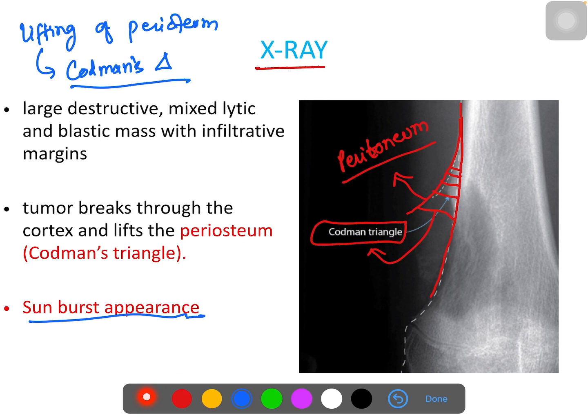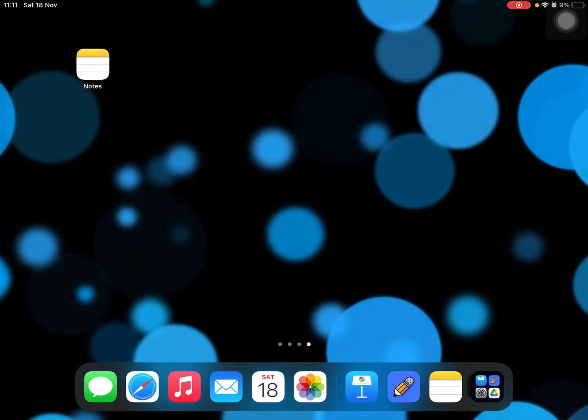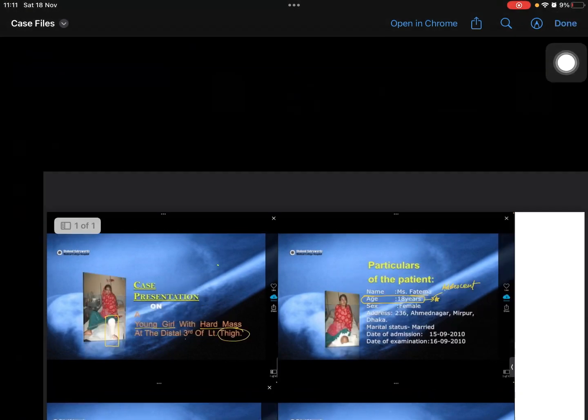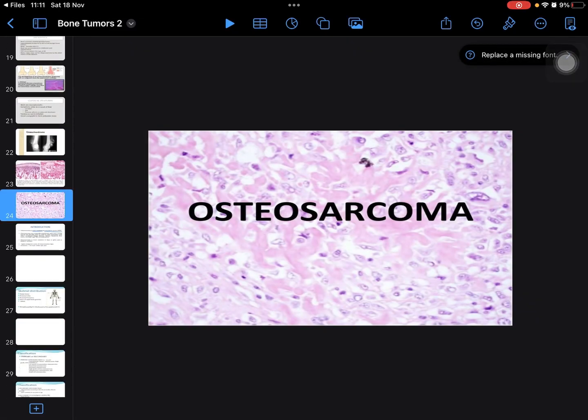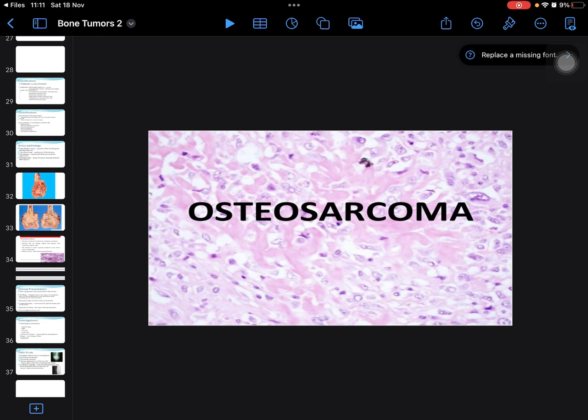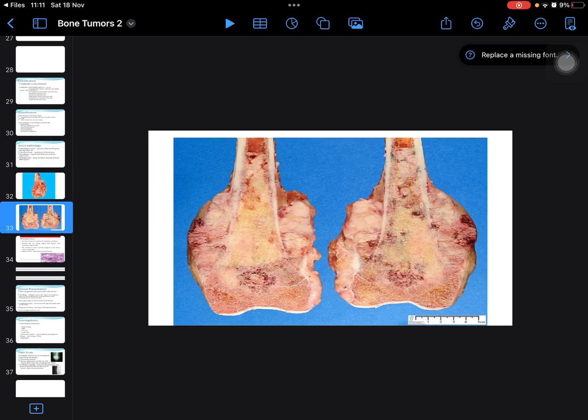Now, sunburst appearance drawing, I don't think it is here. So let me do something. So you can see this.